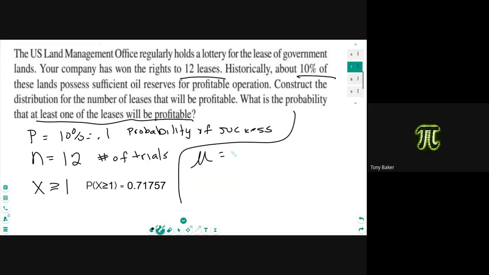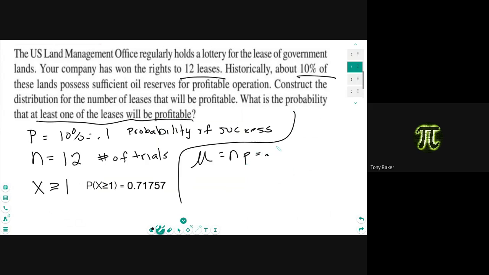What's my mean? So what's the formula for mean? Yep. So n times p.